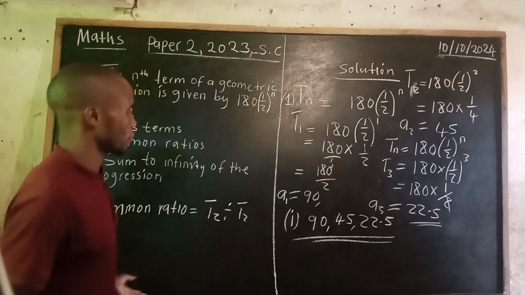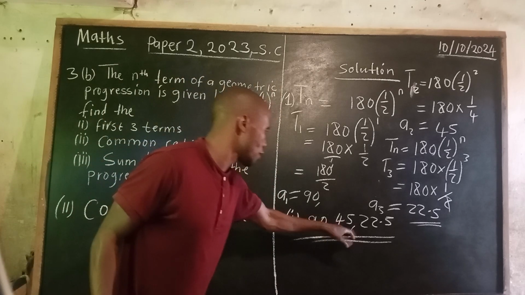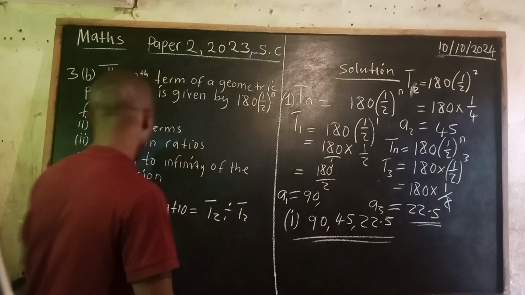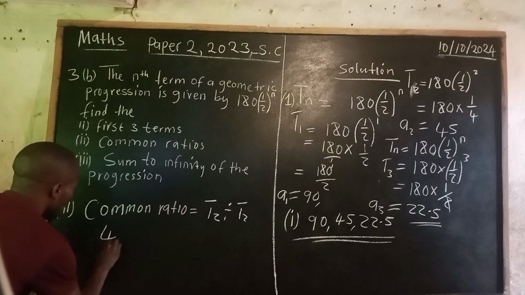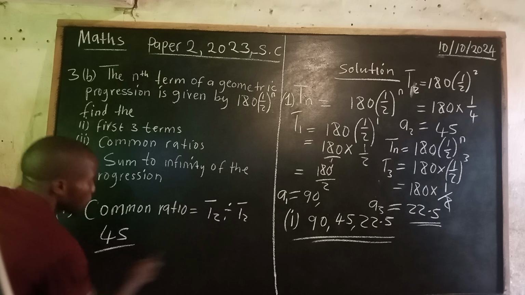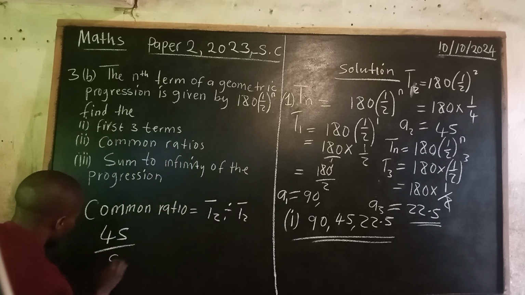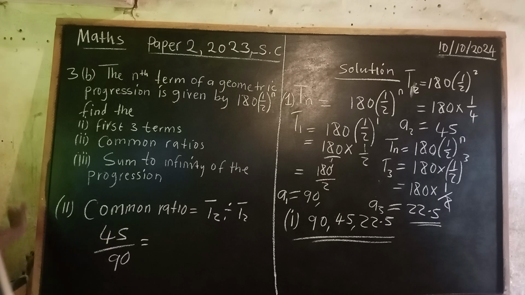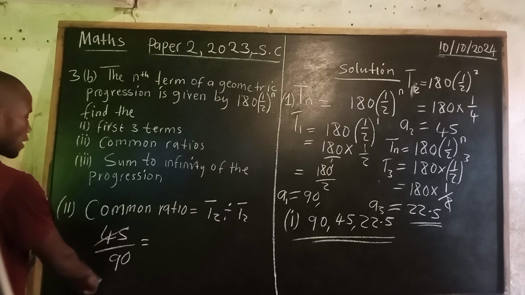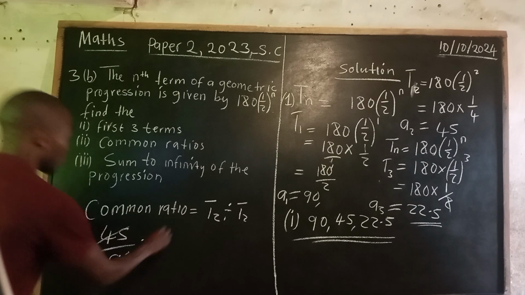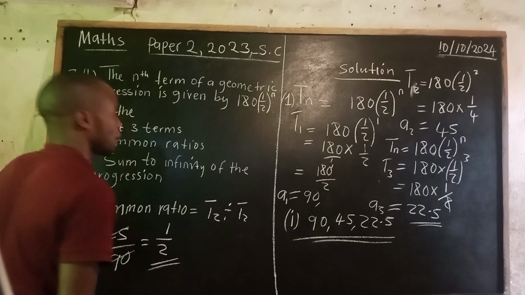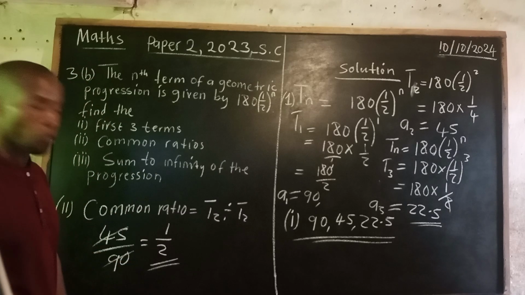The second term is 45 over the first term, which is 90. 45 can go into 90: 45 into 45 is 1, and 45 into 90 is 2. So our common ratio is 1 over 2.